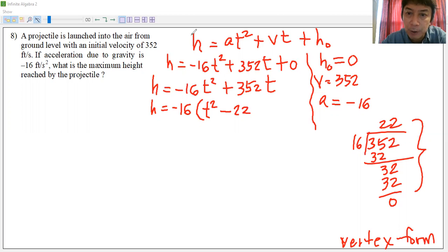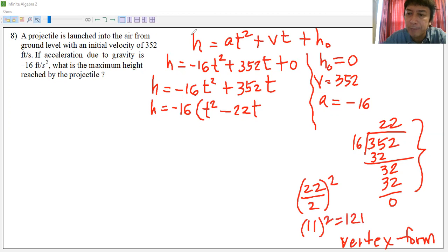Now we still have the letter t here. Now we'll be needing the number to be added and subtracted. And what is that number? It's 22 divided by 2, and then we square it. That happens to be 11 squared, which is 121.